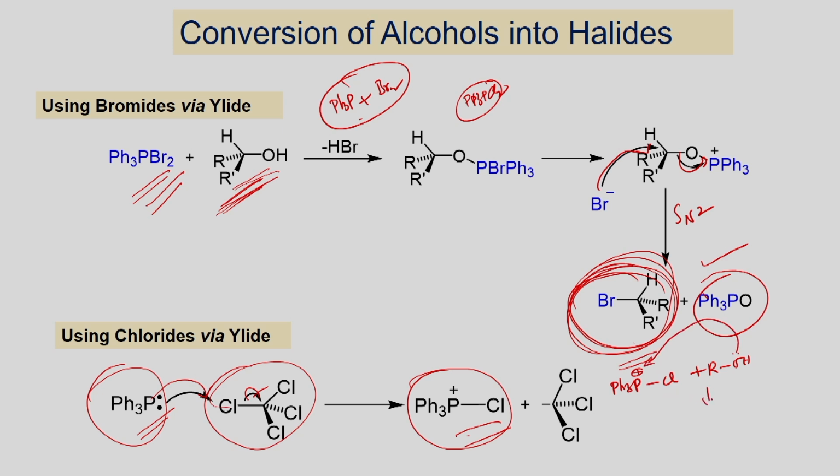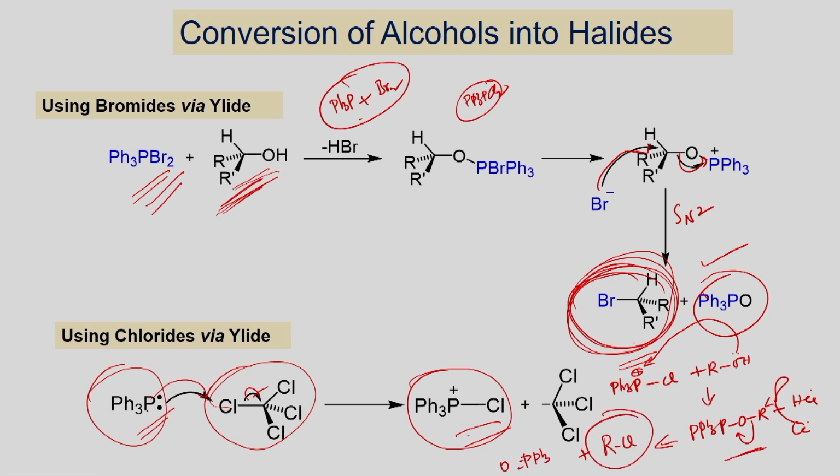You will be able to form this plus HCl. Once you form this one, this Cl minus can now react here via the SN2 pathway, and you will be able to make alkyl chloride as a product.